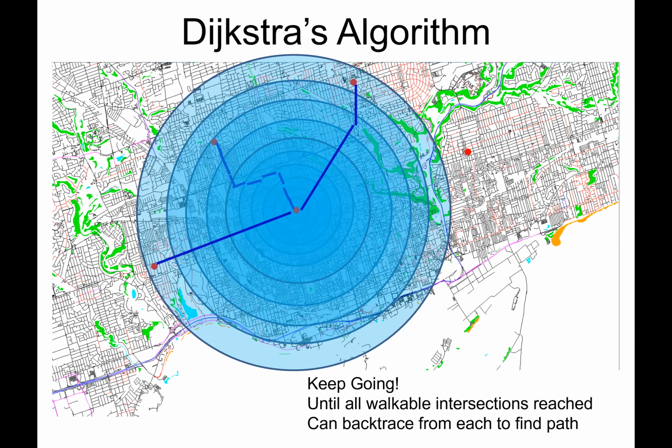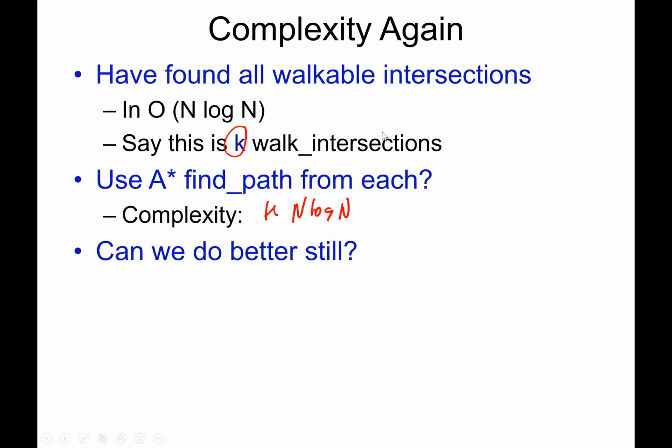Your wavefront, so far, you've been starting with a single node, right? It's always been the starting intersection, and that's what you put in your wavefront to begin, okay? So we can start the wavefront instead of with one node, one possible source, we can start it with all k walkable intersections.